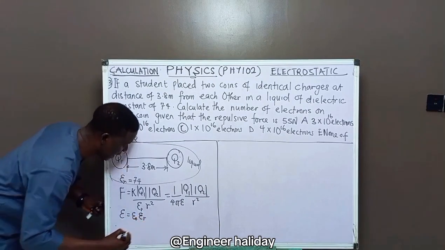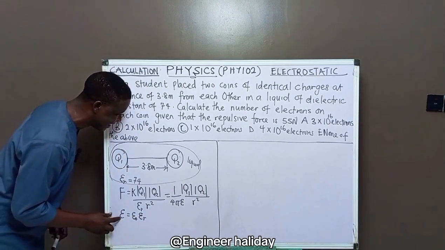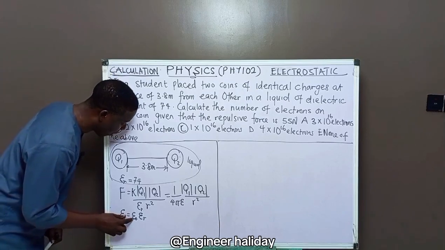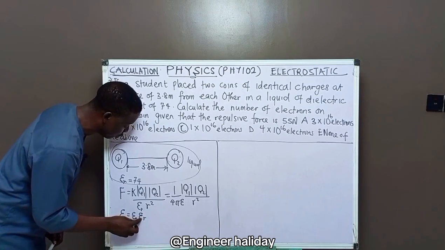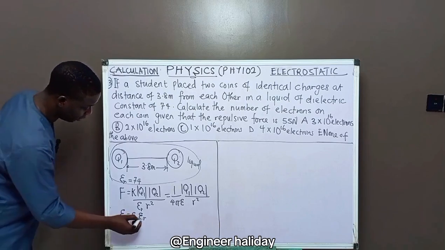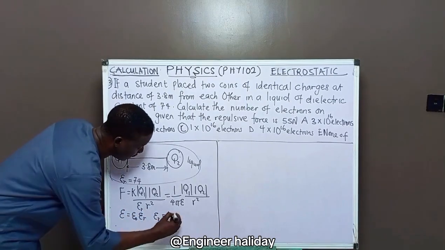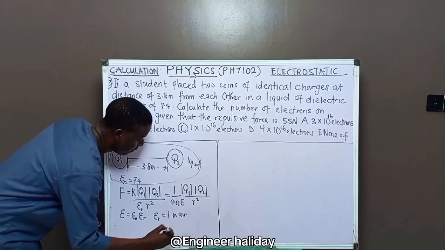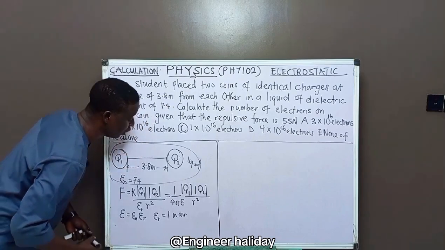Epsilon naught times epsilon. Don't forget, epsilon is equal to the permittivity of the medium, equal to the permittivity in free space or in vacuum times the relative permittivity, which you call dielectric constant. Now, the relative permittivity is equal to 1 in air, but in a medium it is not equal to 1.